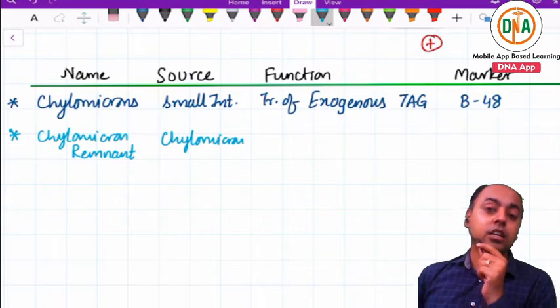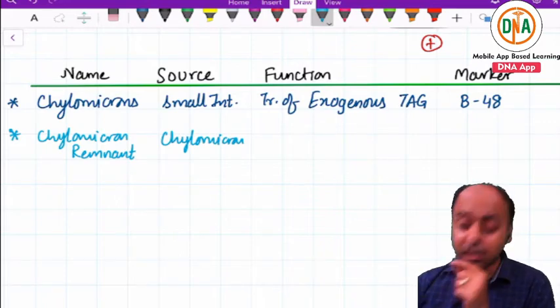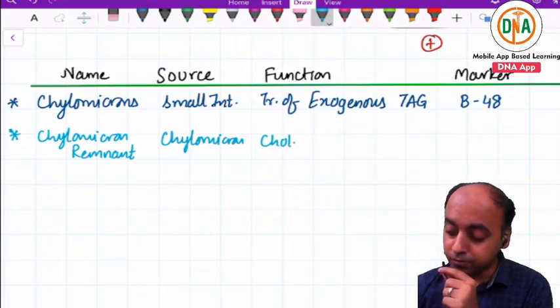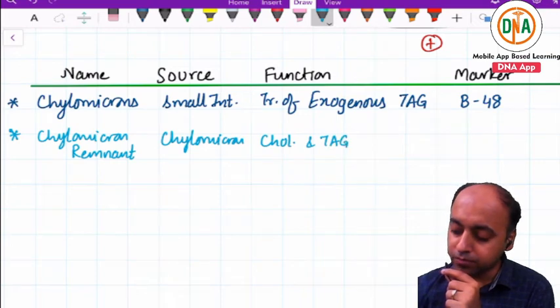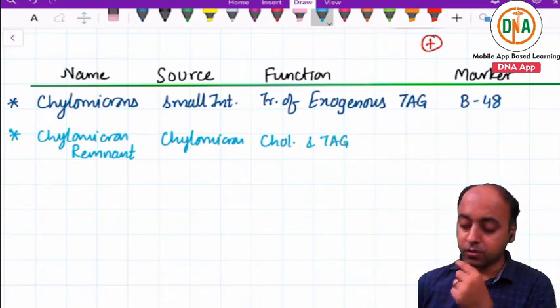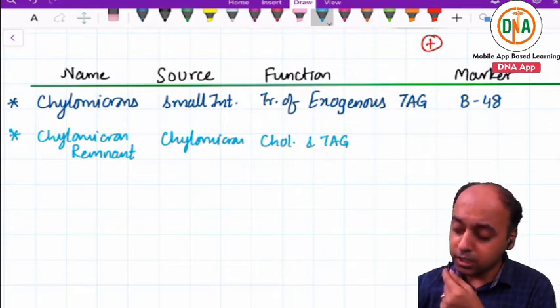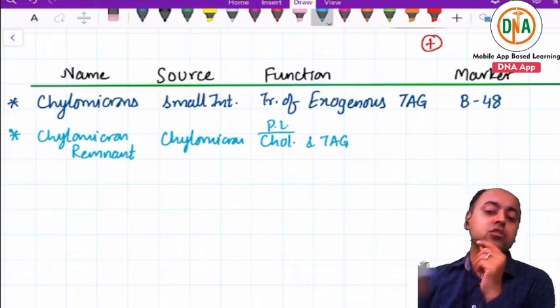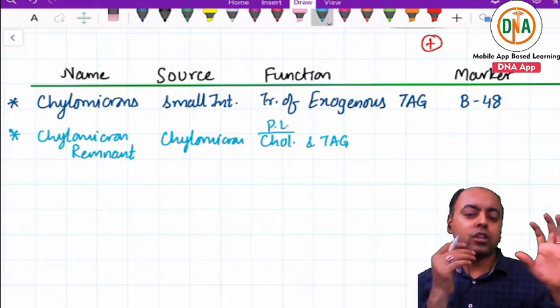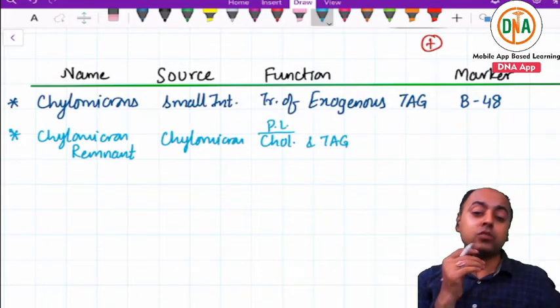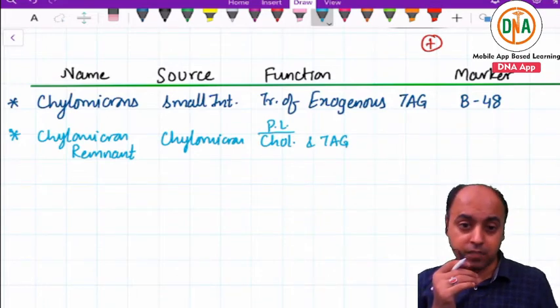If you look at the components, it will have similar amounts of cholesterol and triacylglycerol, and even the phospholipids, because most of the triacylglycerol has already been delivered. So the phospholipid and cholesterol, which were there in less amount, now become comparable to the triacylglycerol content.